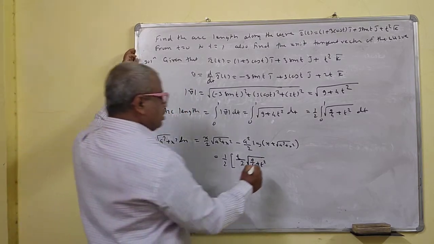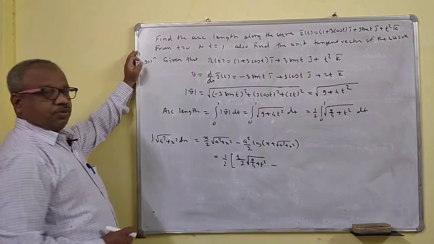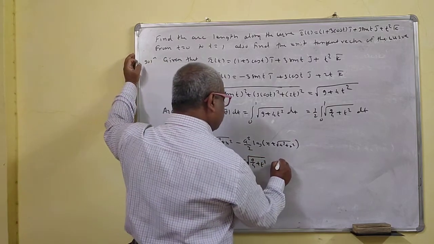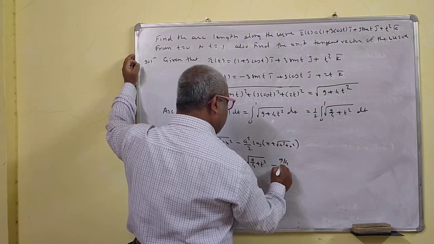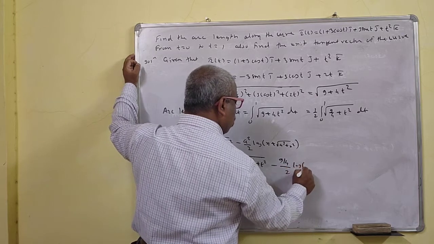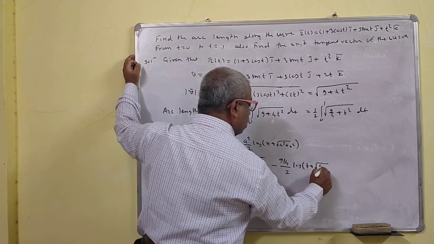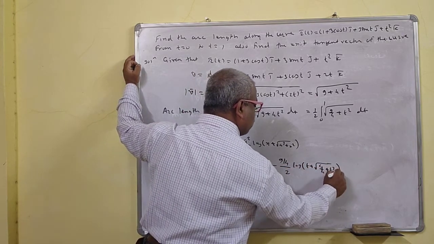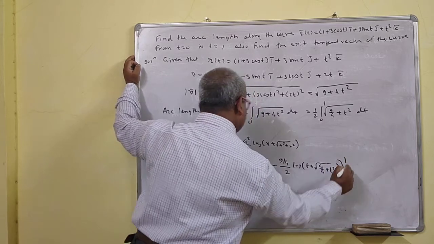So minus a square by 2, where your a square is 9 by 4, so 9 by 4 by 2 log of t plus root of 9 by 4 plus t square. This is as it is, and the limits are 0 to 1.